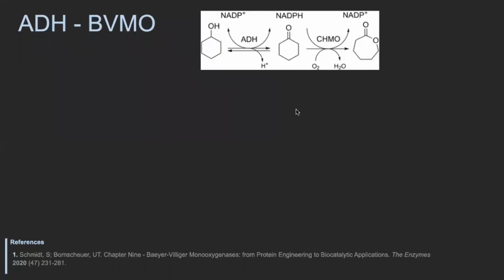When the different groups started to study this reaction cascade, they immediately saw how inhibited the CHMO is, and the overall cascade is inhibited by the product formation.